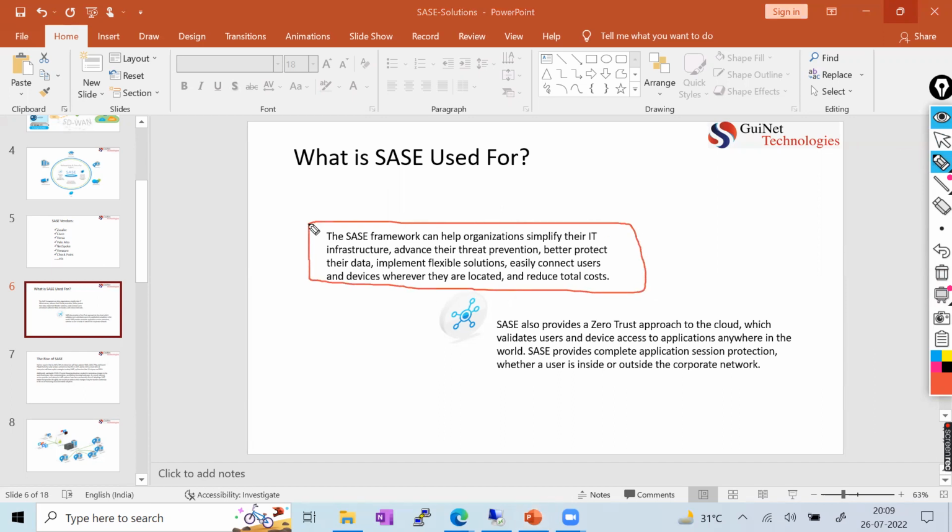Basically, a SASE solution is going to help IT organizations protect their network, prevent any kind of attack, protect their data, and provide a very flexible solution. Like, I'm working from anywhere, and whatever application I want to use, in-house or cloud-based, should be accessible.